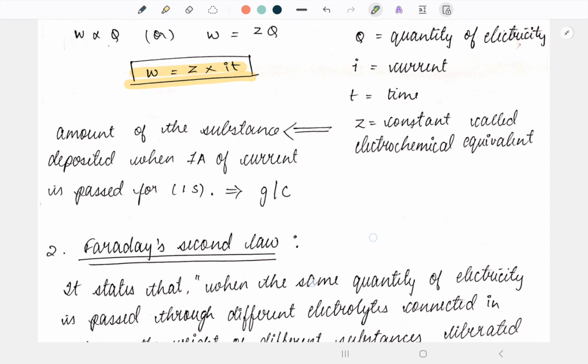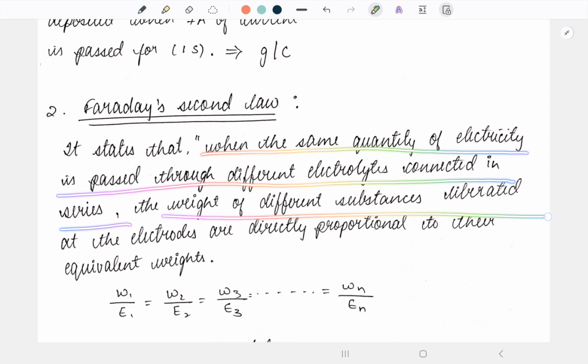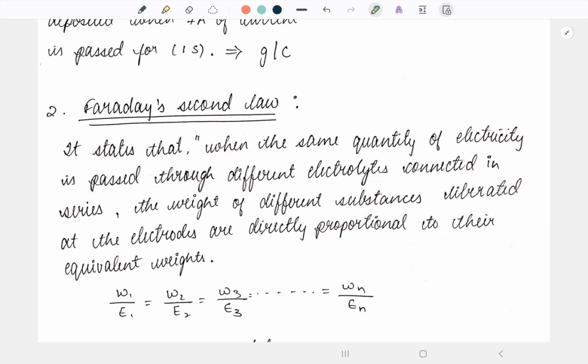Now the Faraday's second law. It states that when the same quantity of electricity is passed through different electrolytes connected in series, then the weight of different substances liberated at the electrodes is directly proportional to their equivalent weights. So here equivalent weight is the atomic mass of the metal divided by the number of electrons required to reduce the cation of the metal.